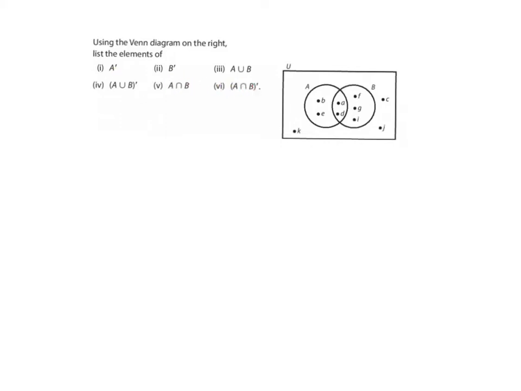Okay, so the first thing we're going to do is A complement. Remember A complement is everything outside of A. So if you just highlight your A, remember A is all this section here. So it's A, D, E, and B. So that's all gone. So we're dealing with the remainder of B here and then what's outside here.